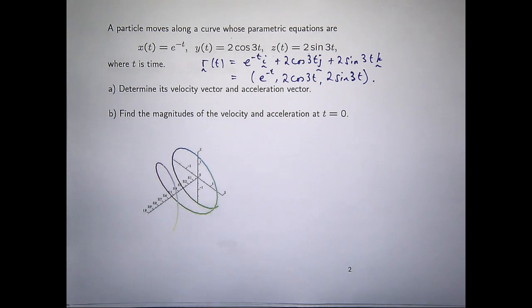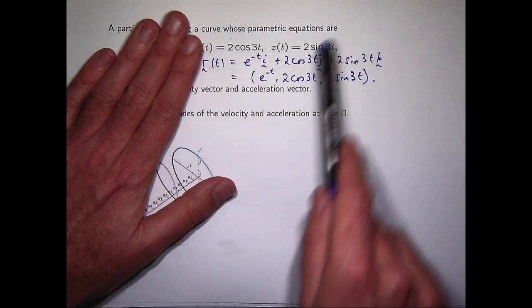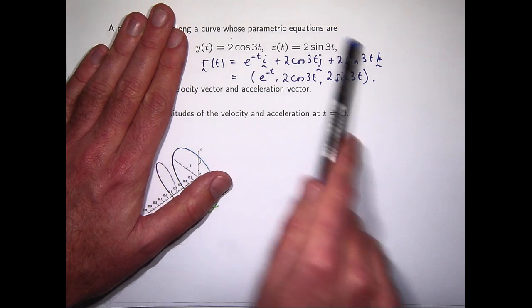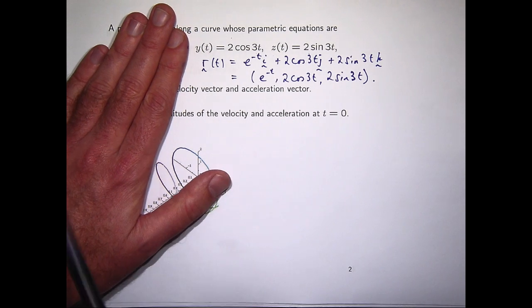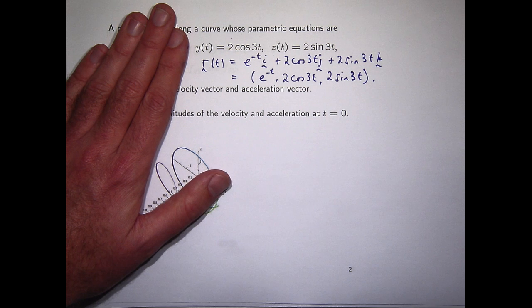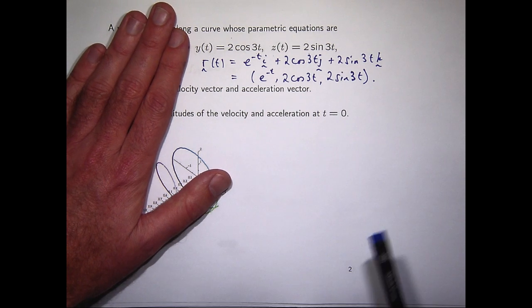It'd be a circle, radius 2, centred at 0, 0. Okay? So if I just ignore that one, this is going to be a circle in the yz plane, centred at 0, 0, and I guess the motion would be in an anti-clockwise direction as t increased.